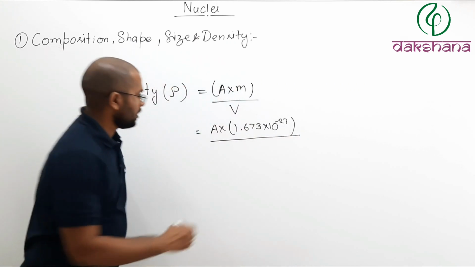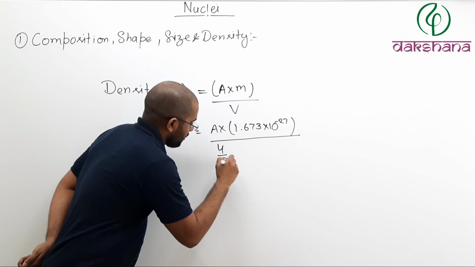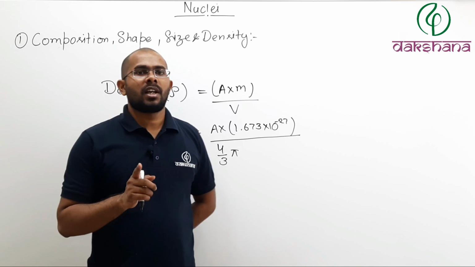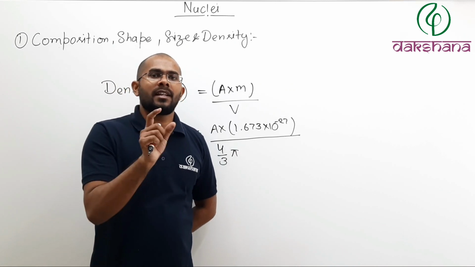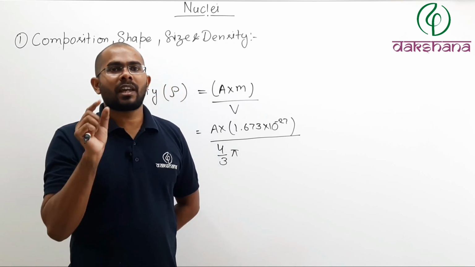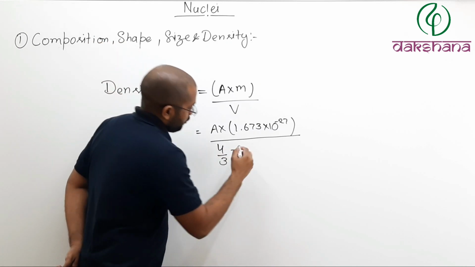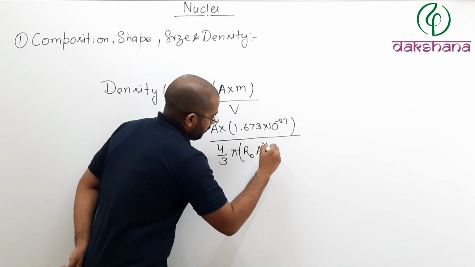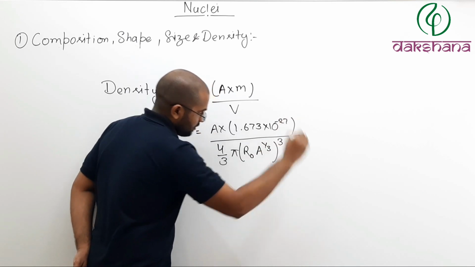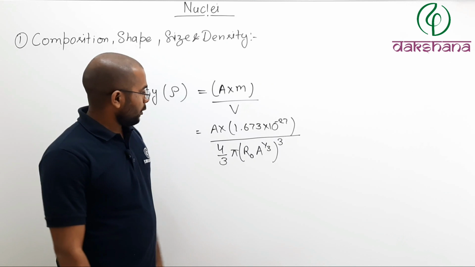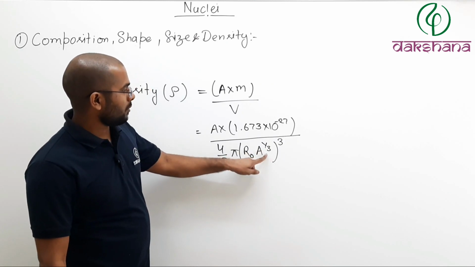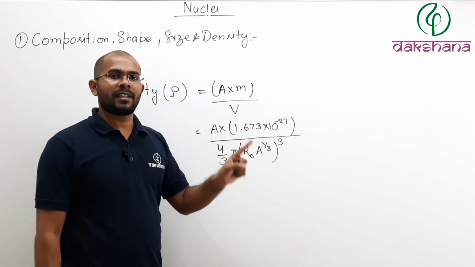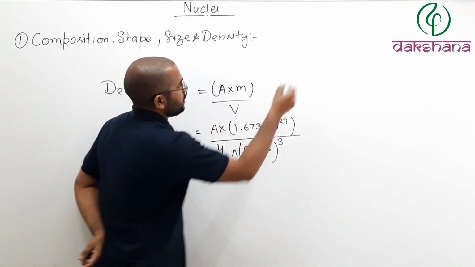If you remember, radius of our nucleus was R naught A to the power 1 by 3, where A was your mass number. So radius cube is R naught A to the power 1 by 3 whole power 3. Now if you pay attention, A to the power 1 by 3 whole power 3 will become A, and A will cancel out.